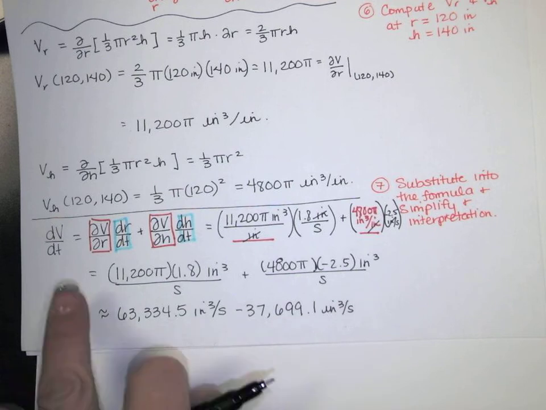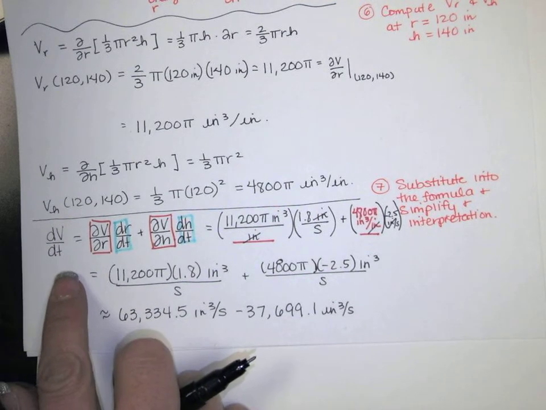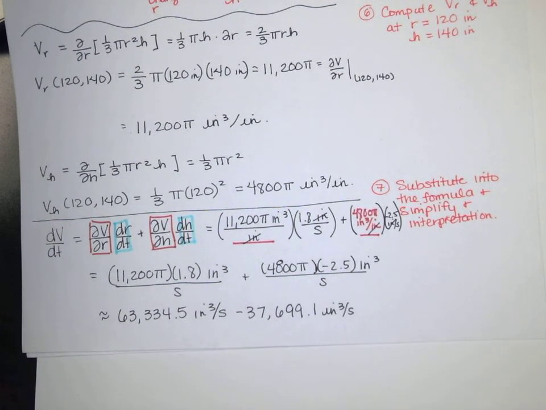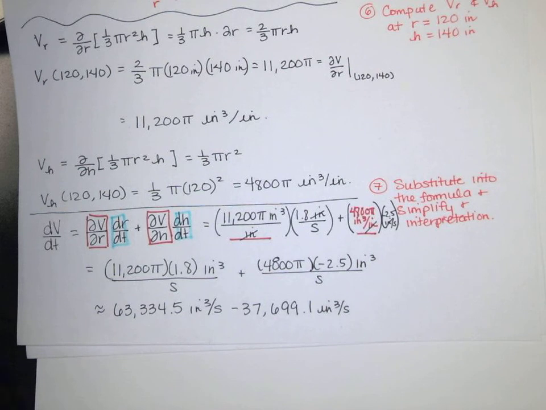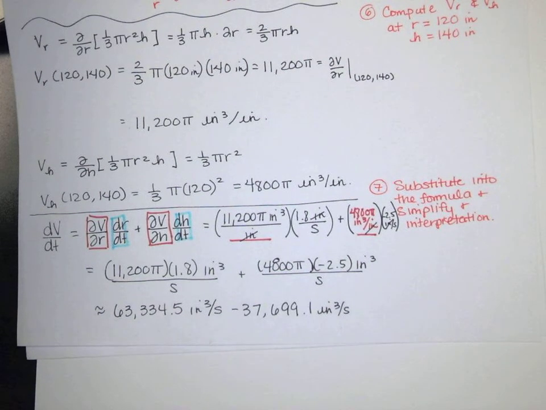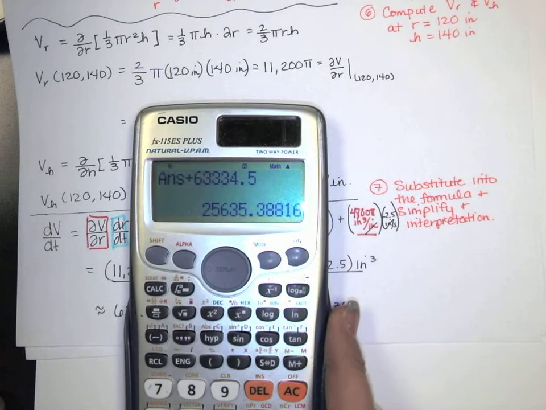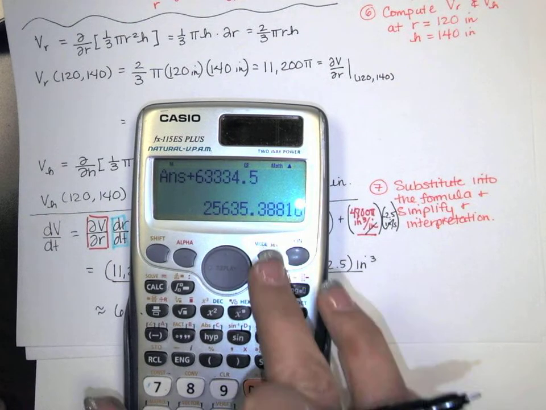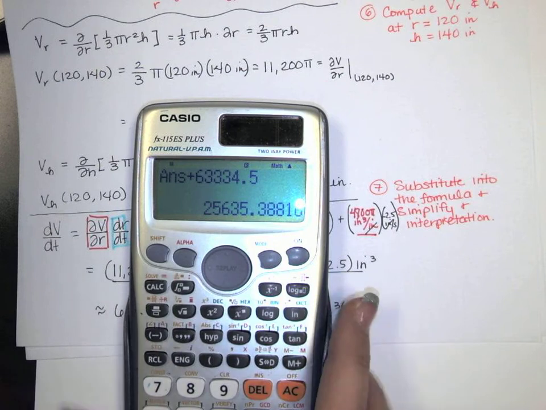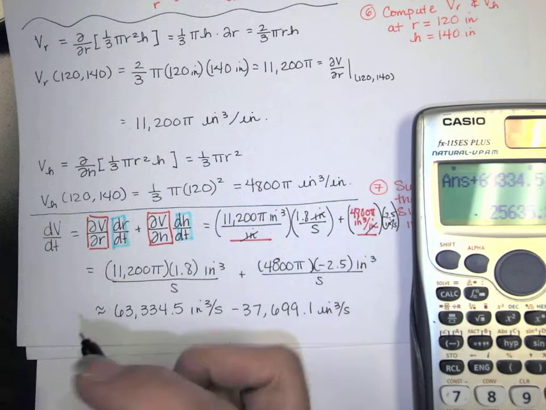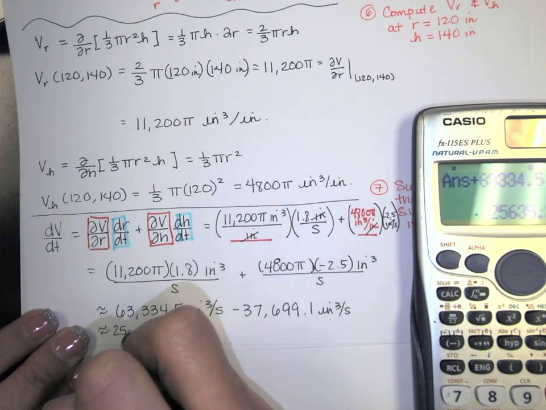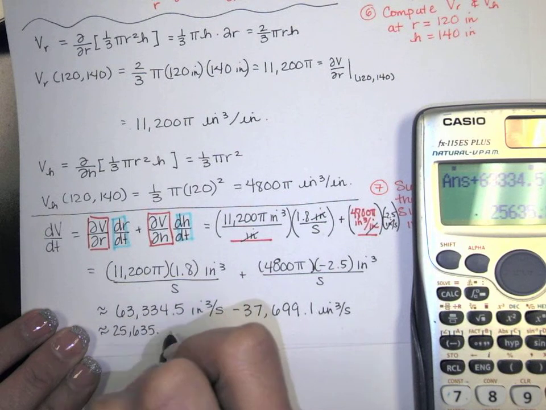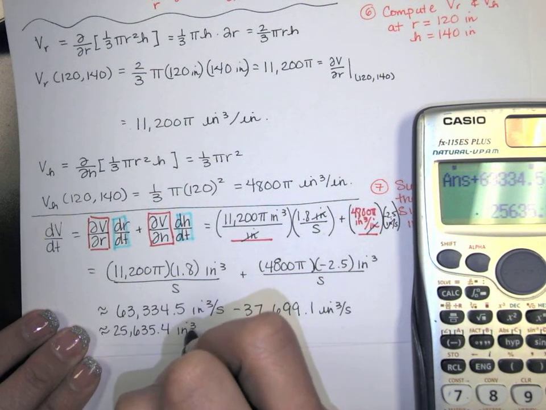Well, the question is, what's the total change in volume with respect to time? The radius is increasing, the height is decreasing. Well, what happens? We'll end up with this minus this. And this is an approximation. I get this number plus that negative number from before, and it gave me about 25,635.4 inches cubed per second.